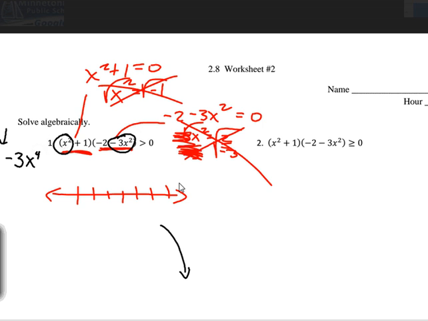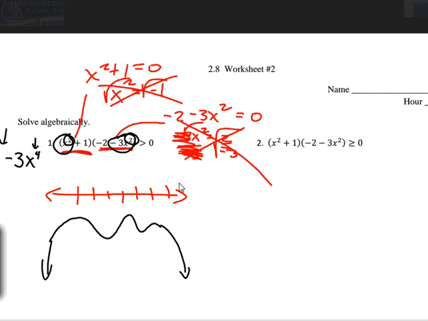Now, tell me logically, if this thing never touches the x-axis and it's going down on the right-hand side, and it's a degree 2 plus 2 makes 4. If it's degree 4, then it must be going down on the other side also, right? So you should be able to tell that that thing does all of its work underneath the axis.